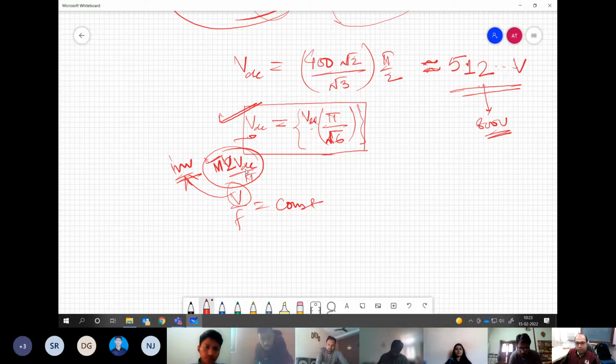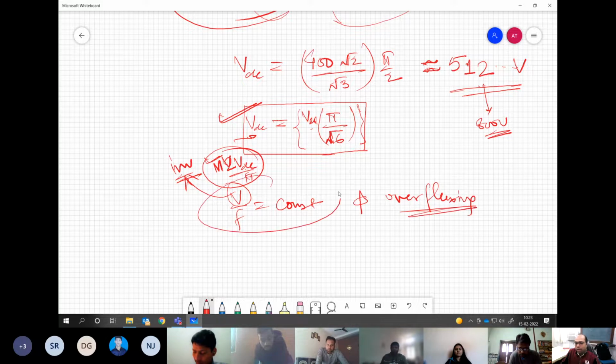But if you have too much VDC, that means you are going into overfluxing mode. You have too much flux in the machine, so the motor may saturate if you have too much DC bus voltage.